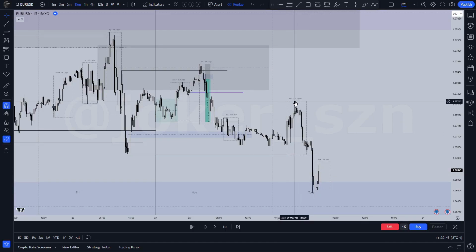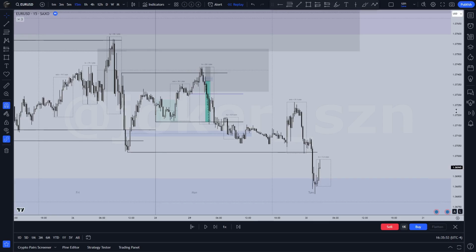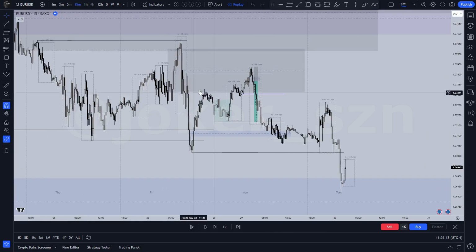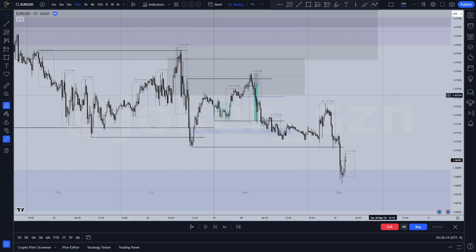We have now a short-term bullish bias, right? Because we have Asia highs here, we have Monday's highs here, and for Tuesday we always want to keep in mind the Monday range. And in this case, because we have a higher time frame bullish PD array here, we now want to see some bullishness here and potentially look for longs, aiming for the Asia highs and potentially the Monday's high, and then we also have Friday's high right here.